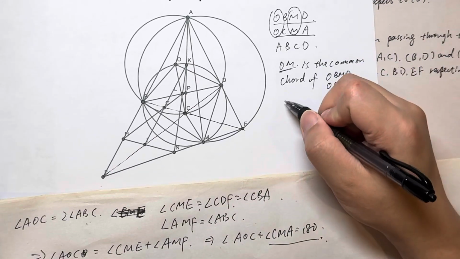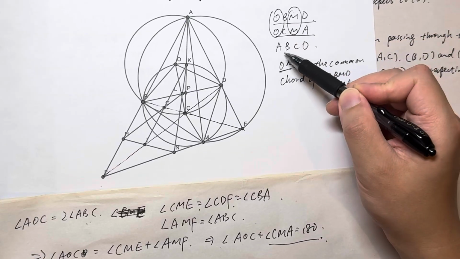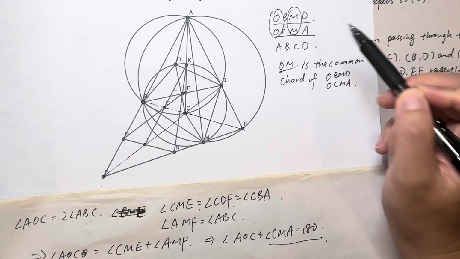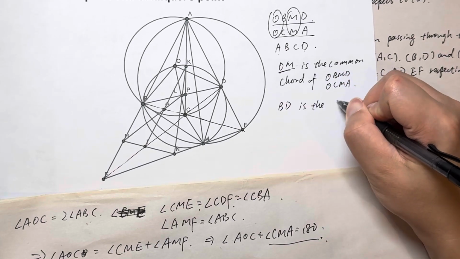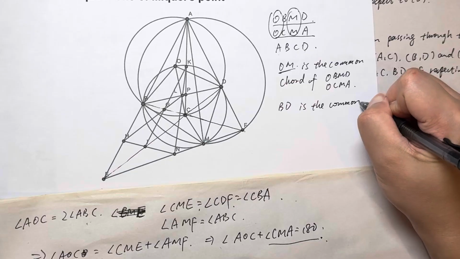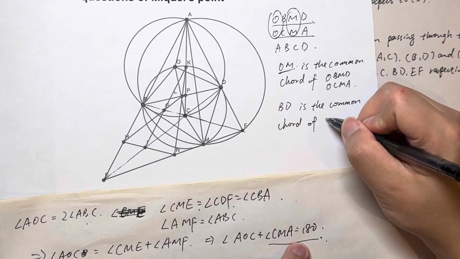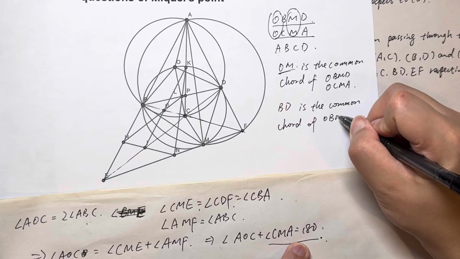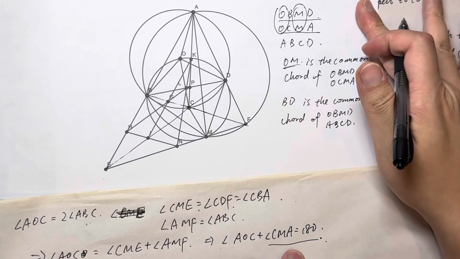And for the circle OBMD and circle ABCD, we know that BD is a common chord of circle OBMD and ABCD, right?